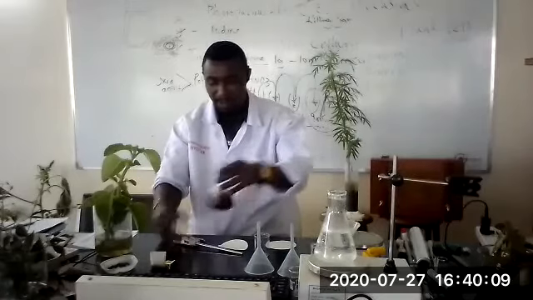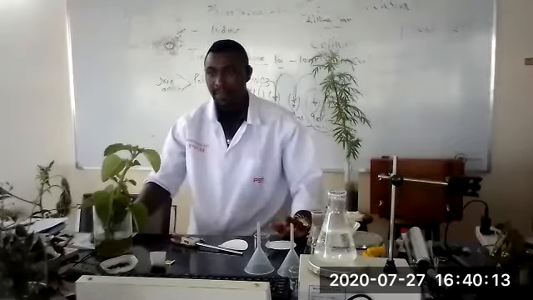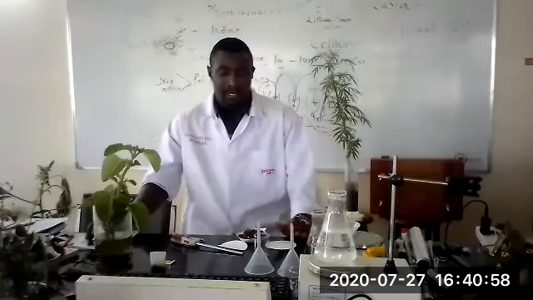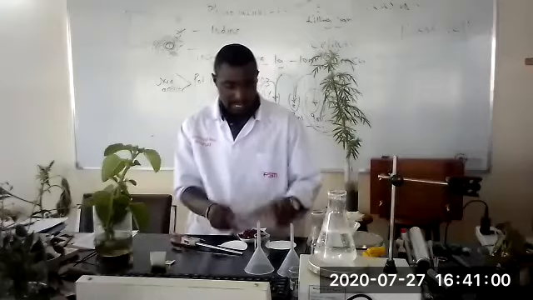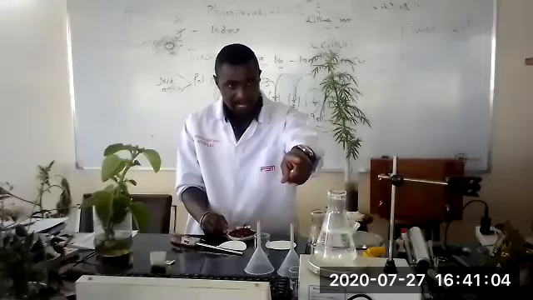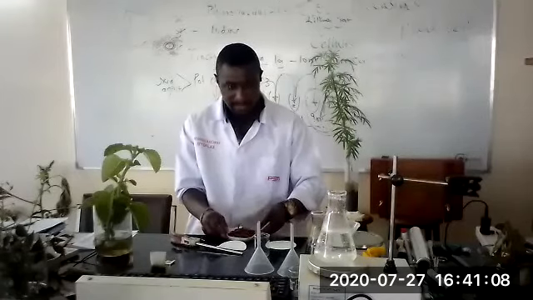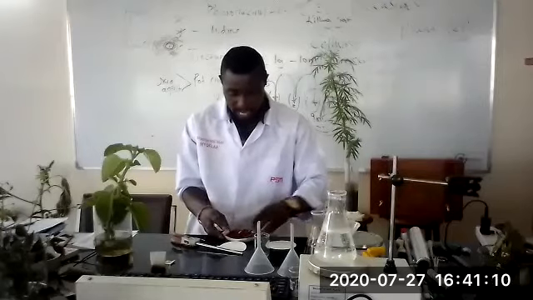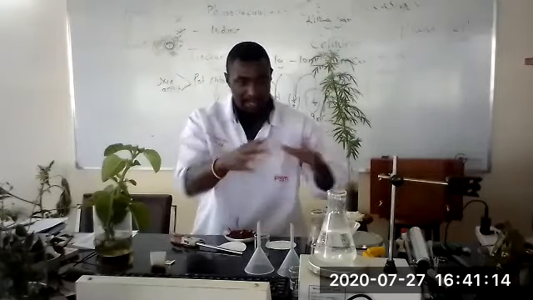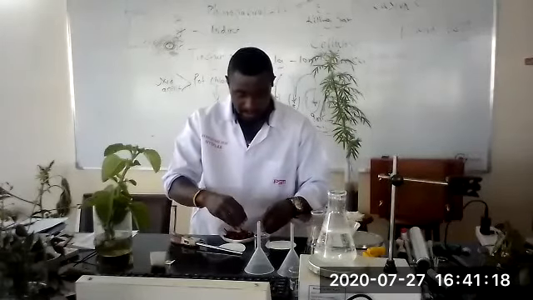So let me go and make some collection of the acacia bark once again, and we proceed. Now the acacia bark is here again, and the water is now boiling. It's still boiling over there. So I want to place this to let it boil together.